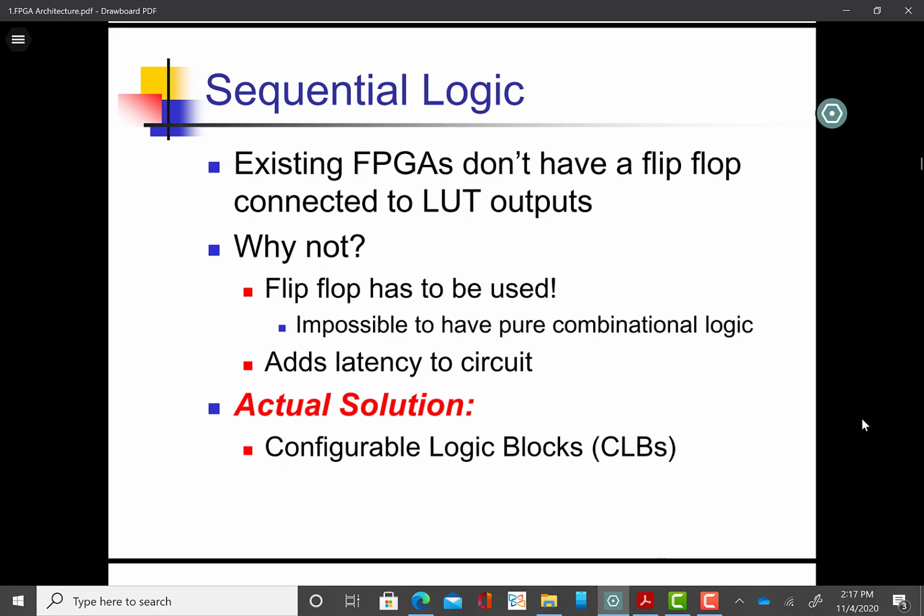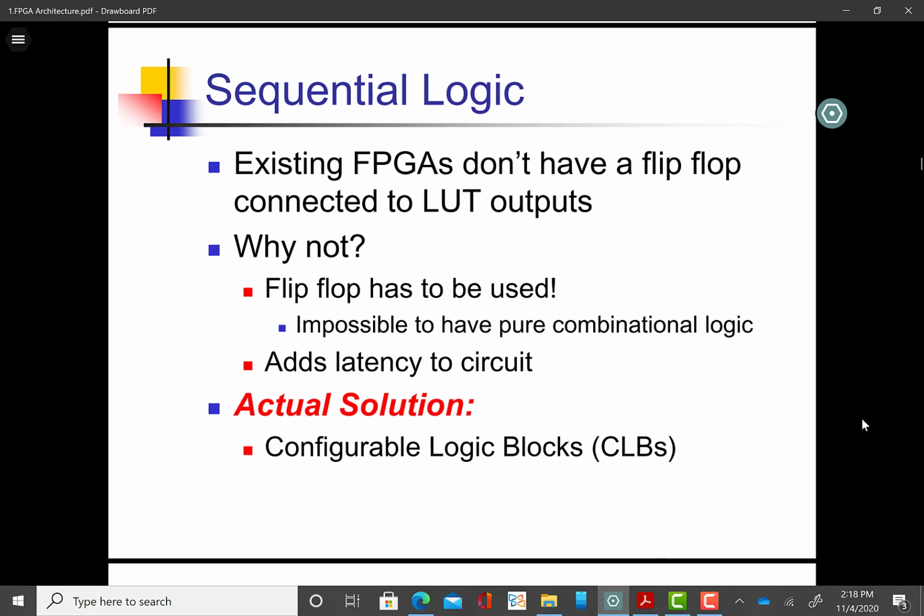Okay, but we have another solution also. Most of the state-of-the-art FPGAs have a sort of configurable connection to the flip-flop. So if you want, you can add a flip-flop to the output of your lookup table. If you do not want, you can bypass it.